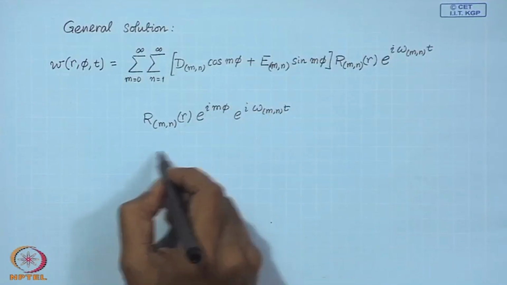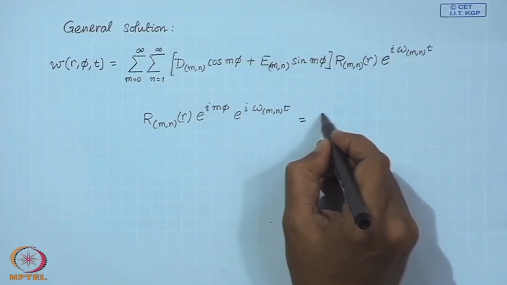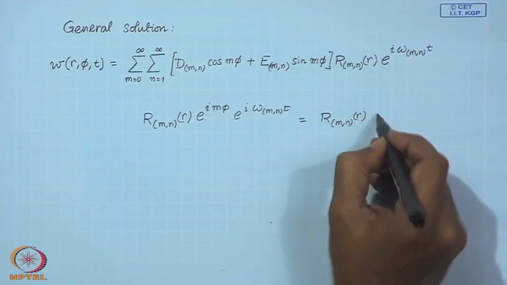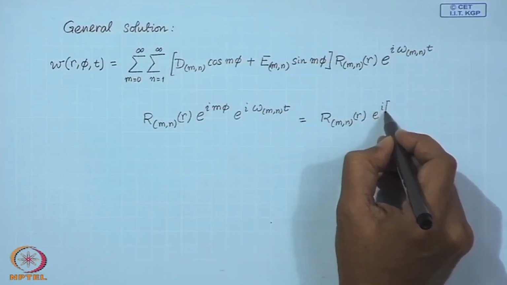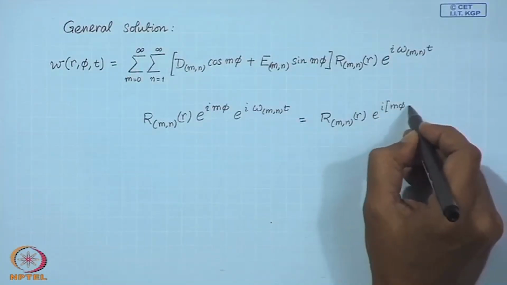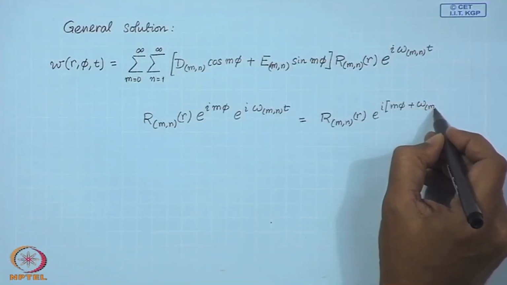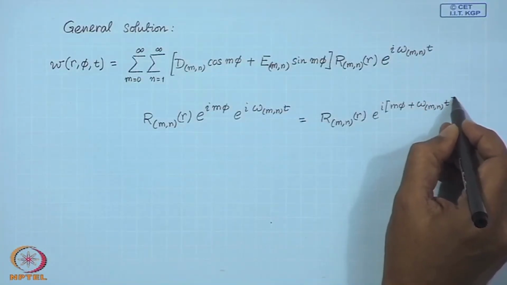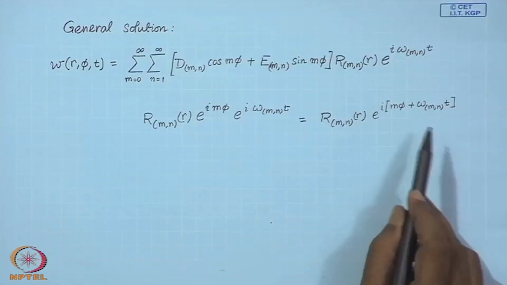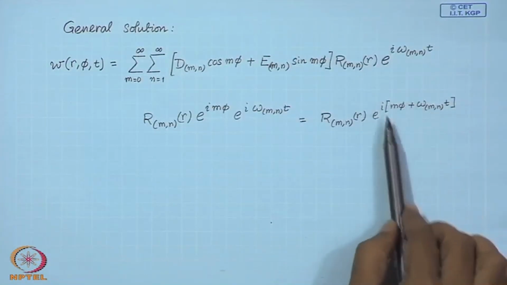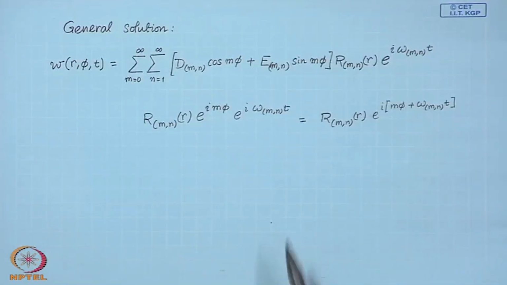So, this can be written as follows. Because of this modal degeneracy, you can have travelling waves in the circumferential direction, as this solution tells us.